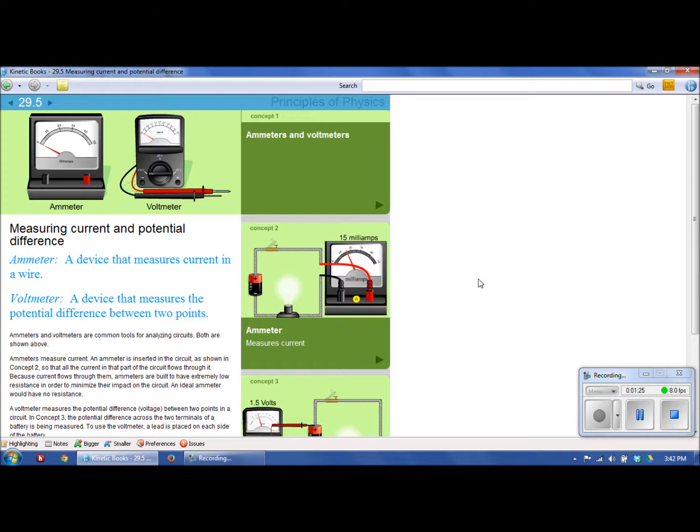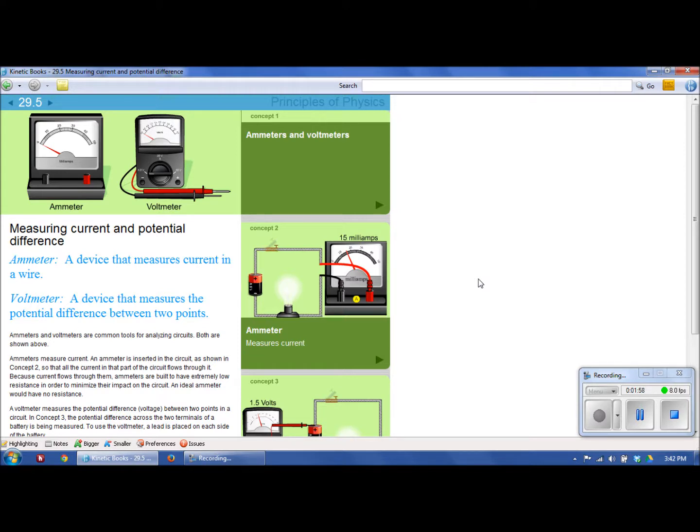It has a resistance equivalent to the wire that it replaces, so it does not affect the circuit, and it would measure the current that actually flowed directly through it, so it would have to be put in what is called series. A voltmeter measures voltage or potential difference, and so it measures the potential difference of the charges, how much energy each charge has, the difference in that amount on one side of an element compared to the other side of an element.